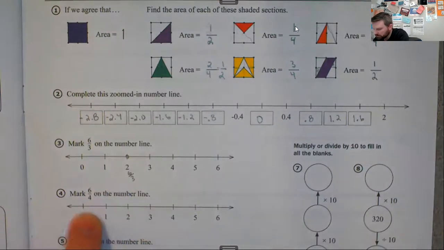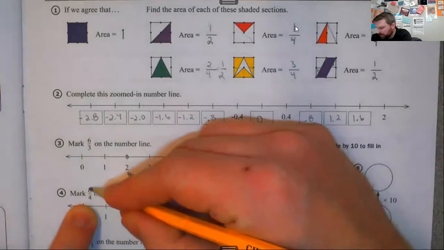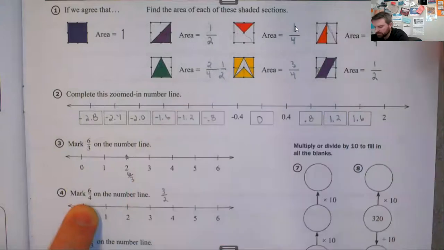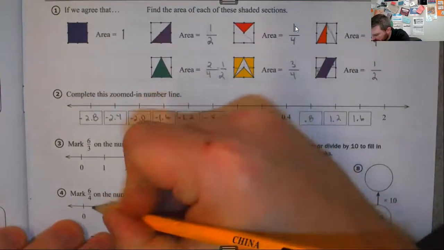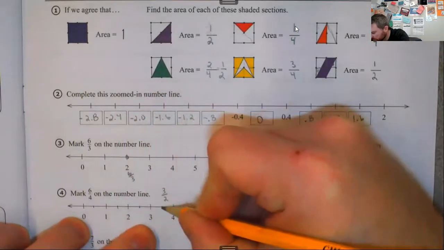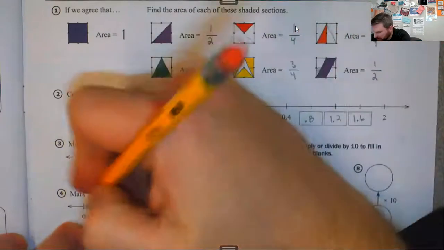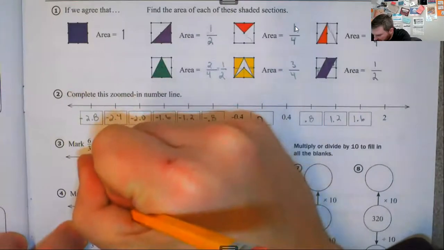Number 4, mark 6/4. Okay, we can reduce 6/4 if we divide both of them by 2. That is 3/2. So if I split everything into halves, I want the third half. So here's 1/2, 2 halves, 3 halves.